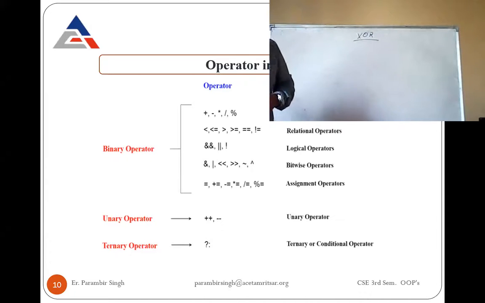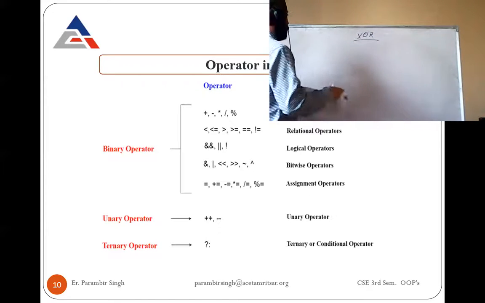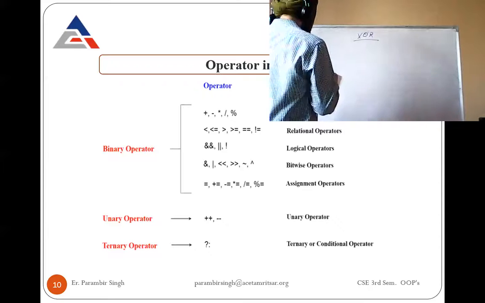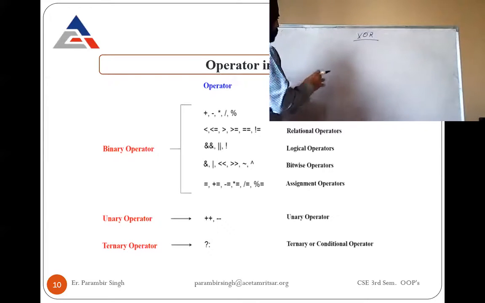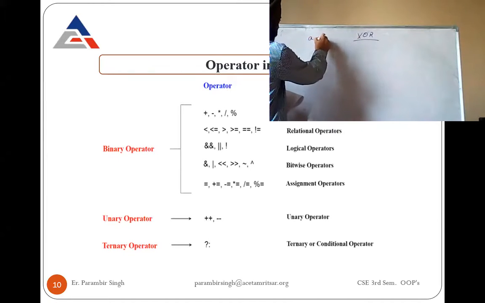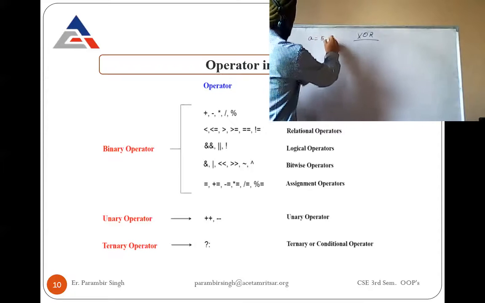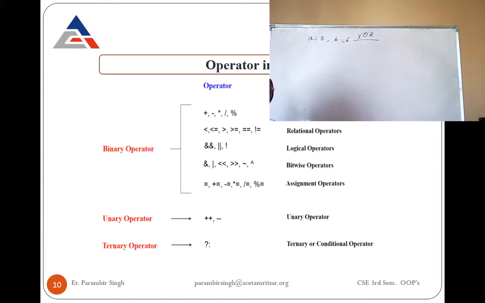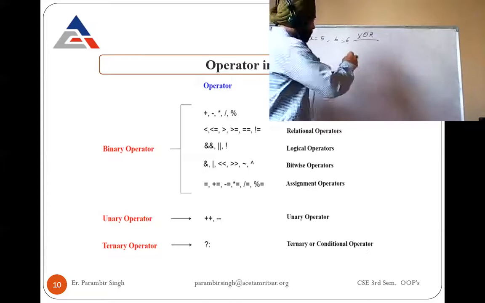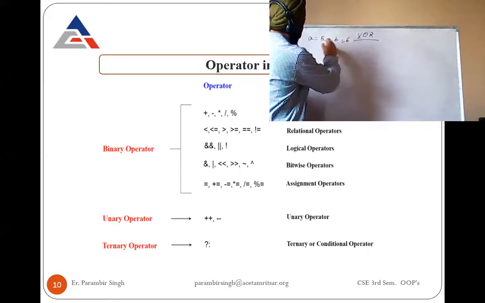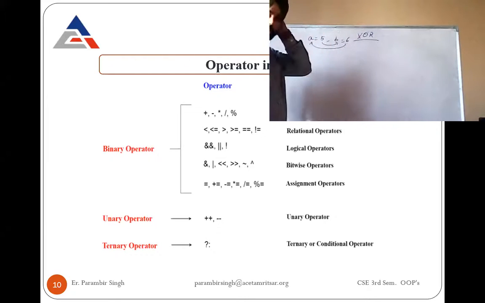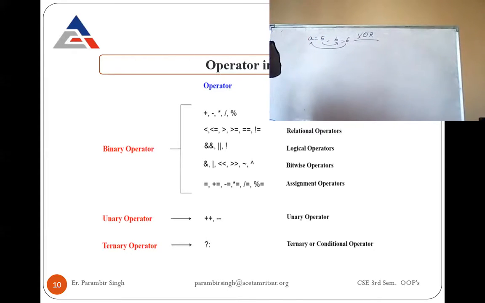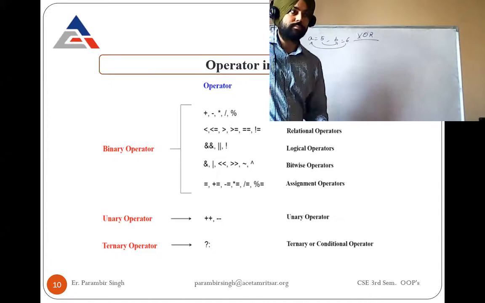If we want to swap two numbers with the help of XOR, swapping means suppose A has a value of 5, B has a value of 6, but I want to swap the values, from 6 to 5 and 5 to 6.